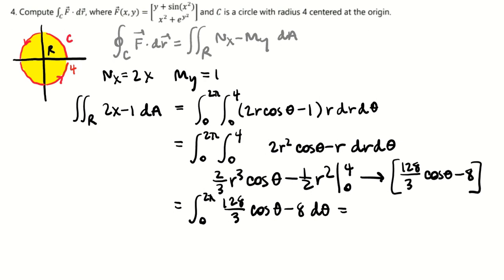And so I'm just going to have negative 8 times 2 pi minus 0, so I'll just have negative 16 pi. That's kind of surprising, but, well, who knows? Maybe the vector field is just going against the curve. I don't know what this vector field looks like if I was to plot it. That's really, I think, the missing piece here.